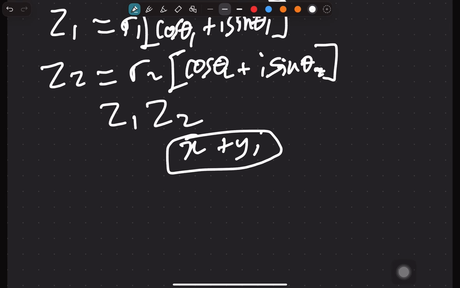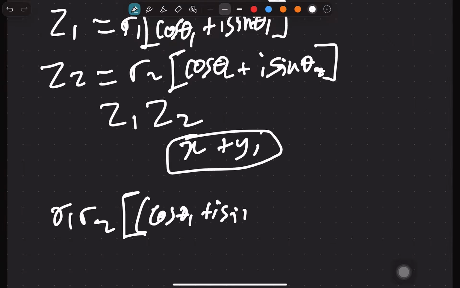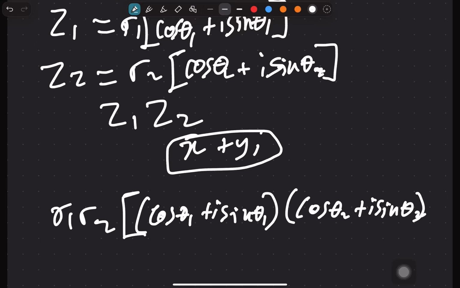Now let's expand the product. When we expand this product Z1 Z2, we are going to get R1 R2 multiplying two brackets: cos of theta 1 plus I sine of theta 1 multiplying cos of theta 2 plus I sine of theta 2.